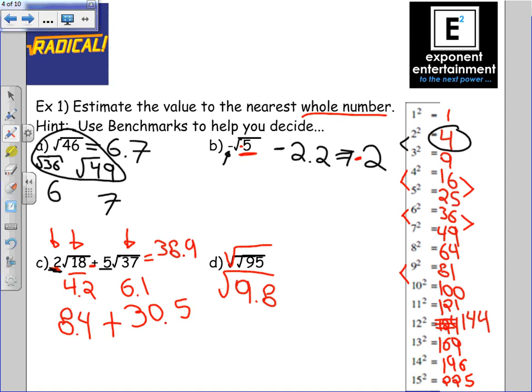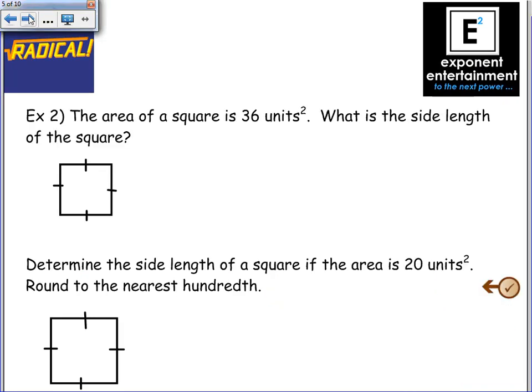Aiden's saying he's looking at these two numbers right here. He knows that 9.8 is somewhere between those two numbers. It's closer to 9, so he's estimating that's closer to 3. So he went 3.1, or 3.0 something. He was a little more precise. 3.1, 3.08, whatever he estimated, 3.2, those would all be good answers.